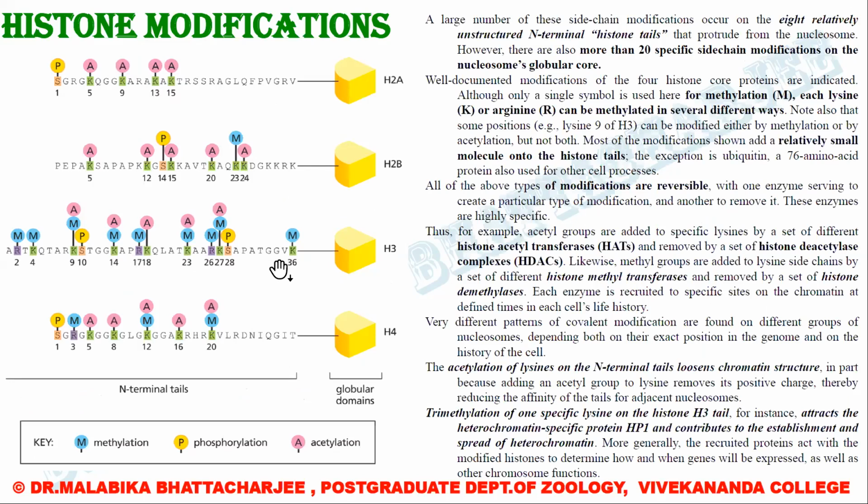And I have told you earlier that there are the writer enzymes and the eraser enzymes. All these modifications are done by the writer enzymes, and if they are removed, it is done by the eraser enzymes.